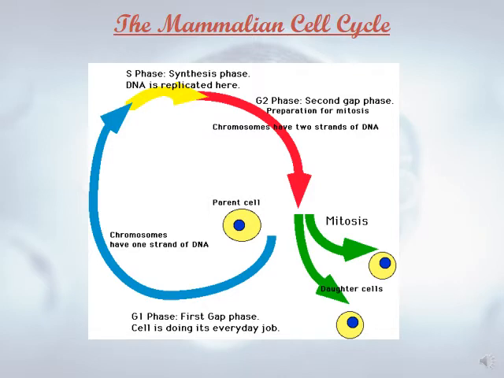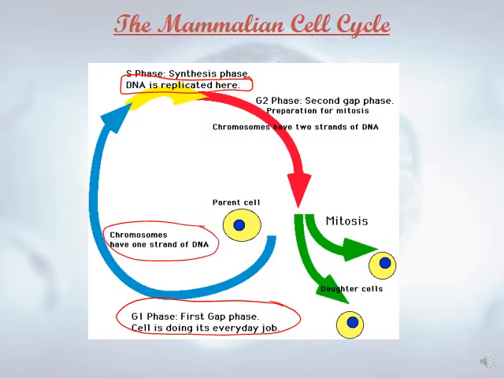In gap 1, the cell is doing its everyday job. Second, we have the duplication of the DNA, so DNA is replicated. Then the second gap prepares itself for mitosis. As you see here, the chromosomes from G1 to G2 have one strand of DNA, while after duplication of DNA during the S phase, chromosomes have two strands of DNA.